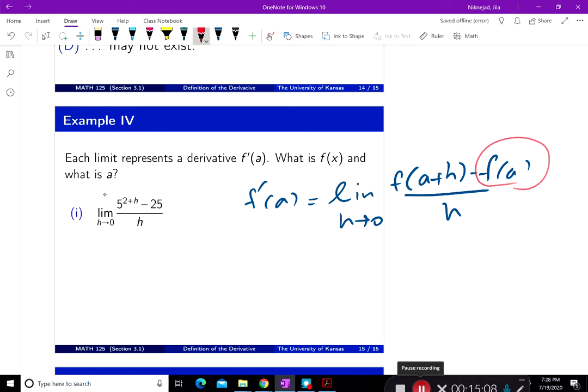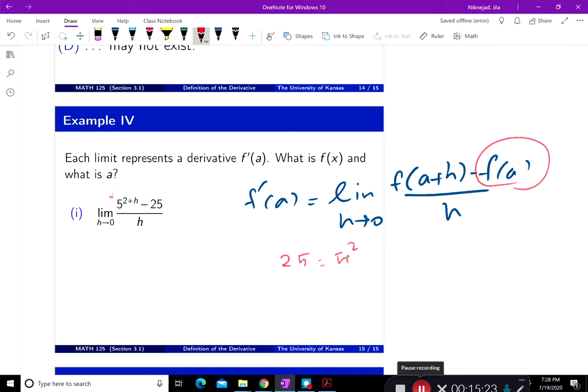And because I have a 5 to the power 2 plus h, I see that it's not a bad idea to write 25 as 5 to the power 2.